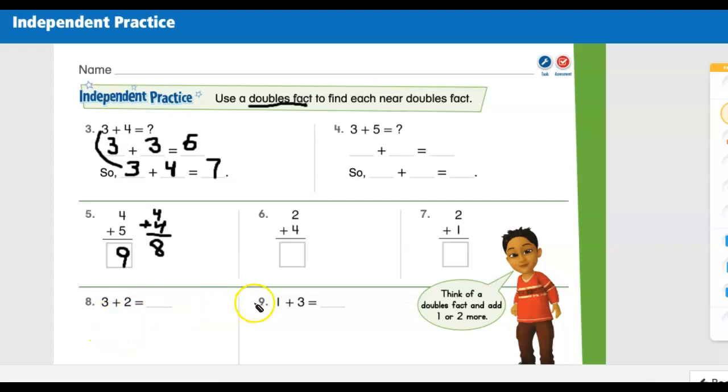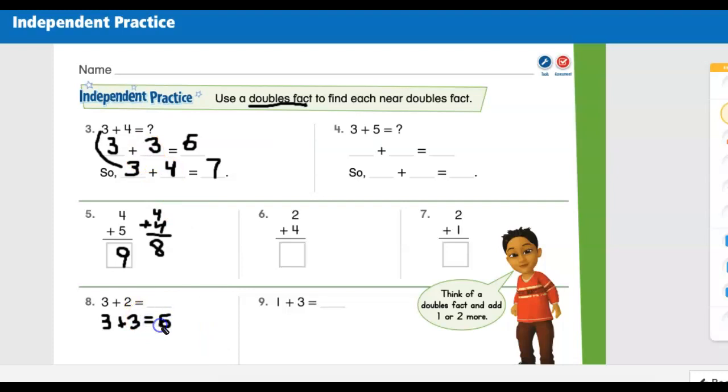Number 8 and 9 are just like the problems we solved, except they look more like the ones we did on 3 and 4. So you can solve number 8. For number 8, it's going to look a little bit different. I'm going to take 3 plus 3. What is 3 plus 3? We did it up here. 3 plus 3 is equal to 6.